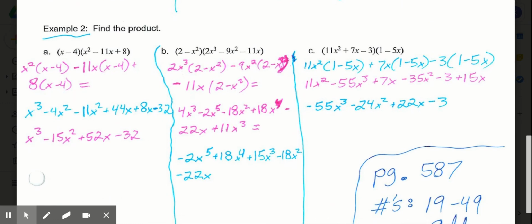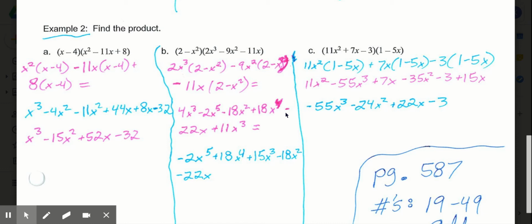In example 2 here, now we're looking at what happens if we have binomials and trinomials or larger polynomials. So what we want to do for this one is take each part of one of these.